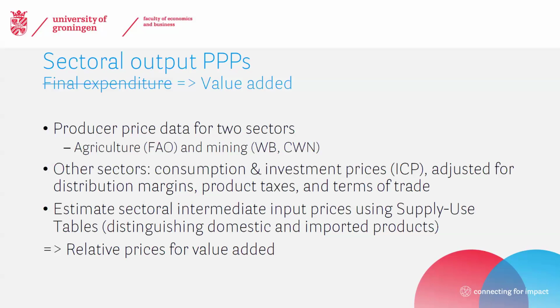The final step is then to say, well, we have prices for the output of a sector, but we also want to adjust for differences in intermediate inputs. And for that, we use supply use tables. For those in the workshop, I'd say de Vries and his colleagues have done quite a bit of work on getting more supply use tables for countries in sub-Saharan Africa.